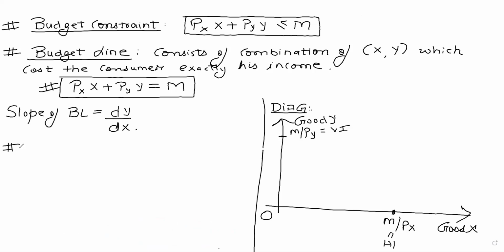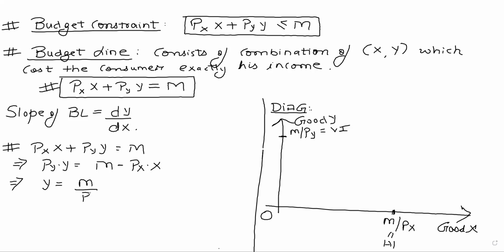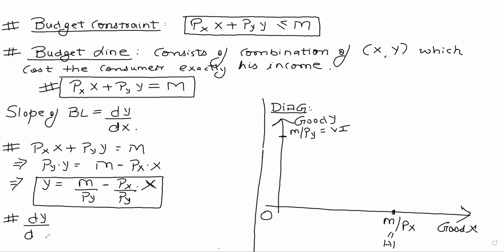So we are given Px into x plus Py into y equal to m. This implies Py into y is equal to m minus Px into x. This implies y is m upon Py minus Px by Py times x. Now guys, this is the equation. We have written y in terms of x. Let's work out dy by dx.